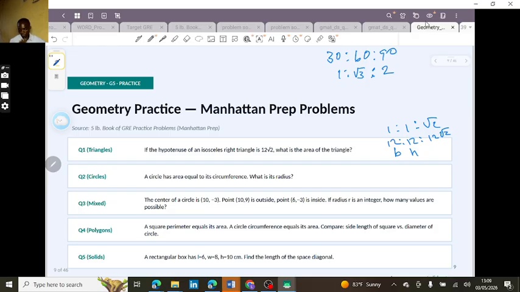Start from this. A circle has area equal to its circumference. What is the area of a circle? It's pi r squared. Pi r squared equals, the circumference is what?